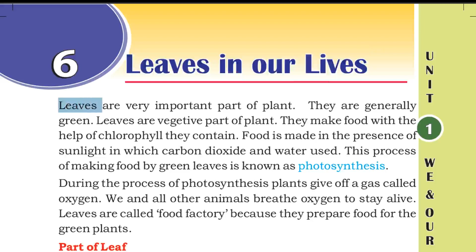Leaves are a very important part of a plant. They are generally green. Leaves are the vegetative part of a plant. They make food with the help of the chlorophyll they contain.